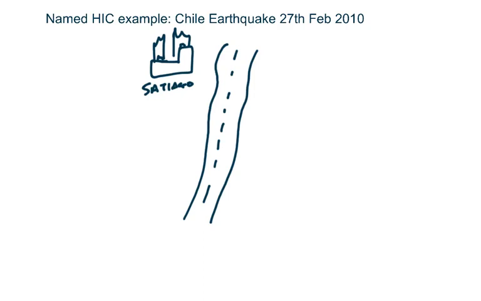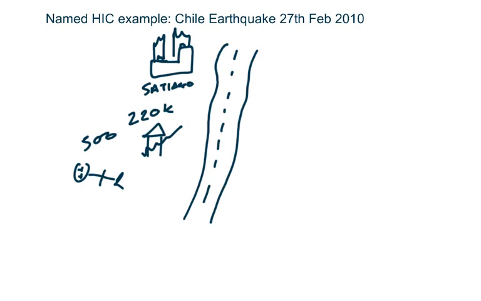Now, we also have the fact that 220,000 homes were destroyed. This will of course have contributed to the 500 deaths, but we've got to realise it's quite a low number of deaths. It's an HIC.